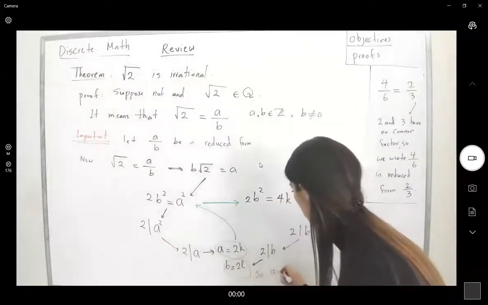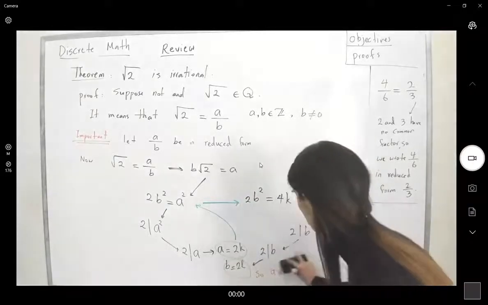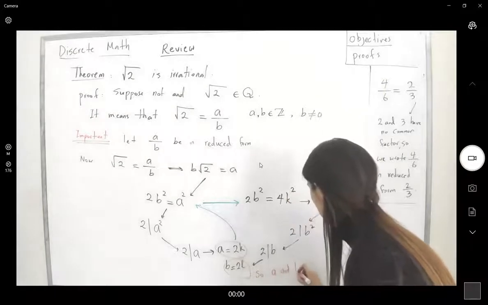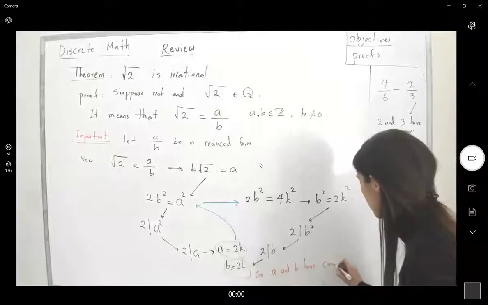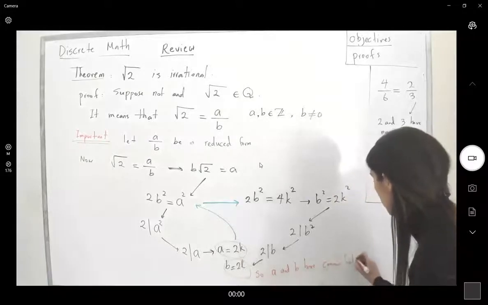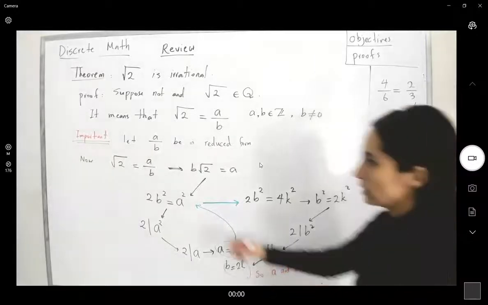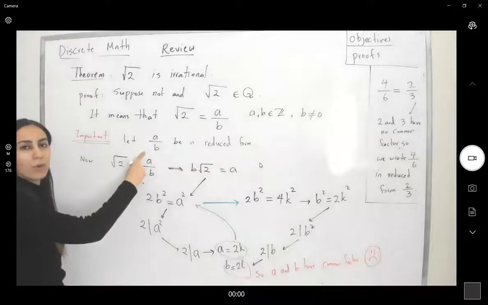So a and b have a common factor. But we assumed that a and b have no common factor.